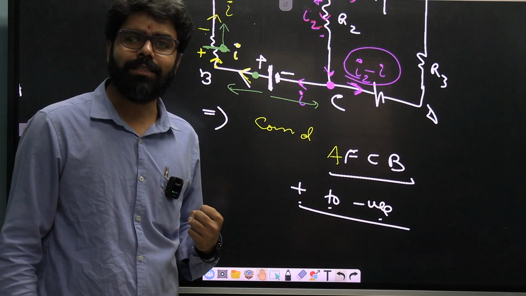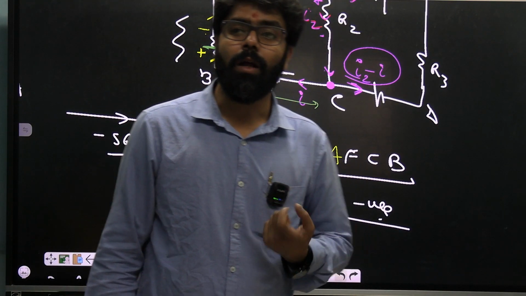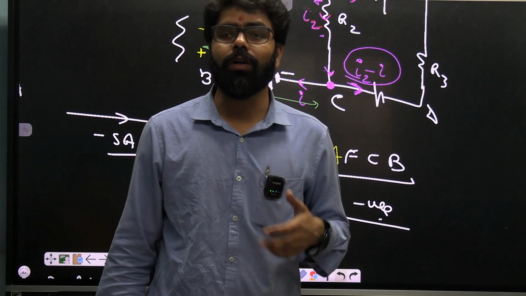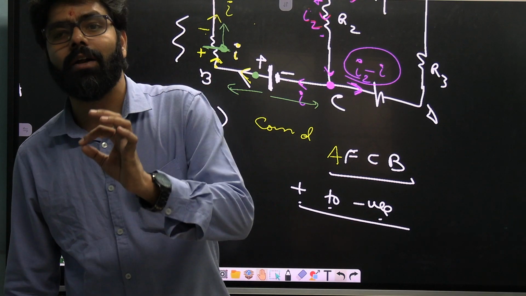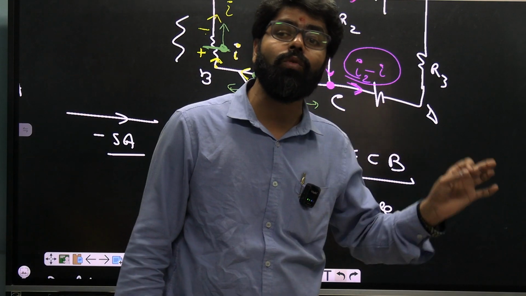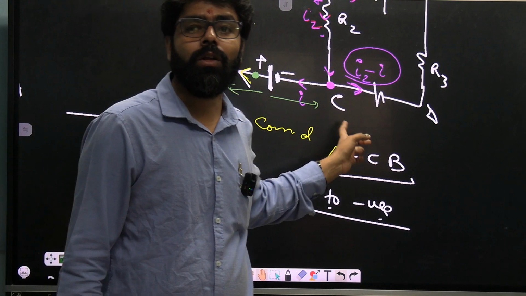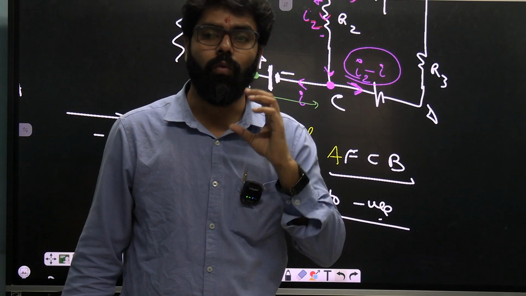How will you collect the voltage? When it is a battery, the voltage is already given with the battery. But when it is a load, the resistance, fan, light or anything, how do you get the voltage? The voltage is given by V equals I into R. Whatever current you have assumed or placed first by using the junction rule, you multiply it with the resistance and you will get the voltage.